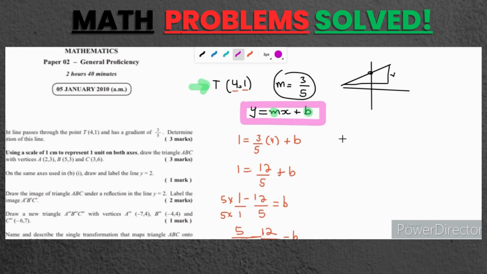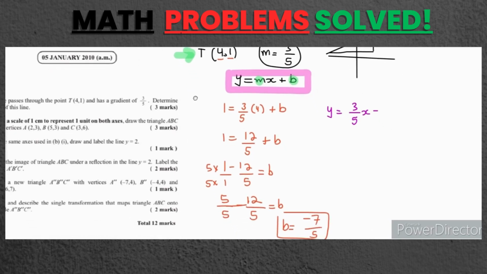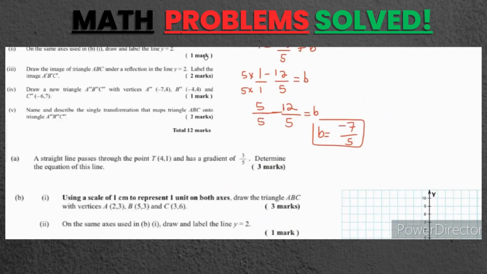So the required equation will be y = 3/5 x minus, instead of b, 7/5, because it's negative, so I will write y = 3/5 x - 7/5. This is the required equation of the line, right?